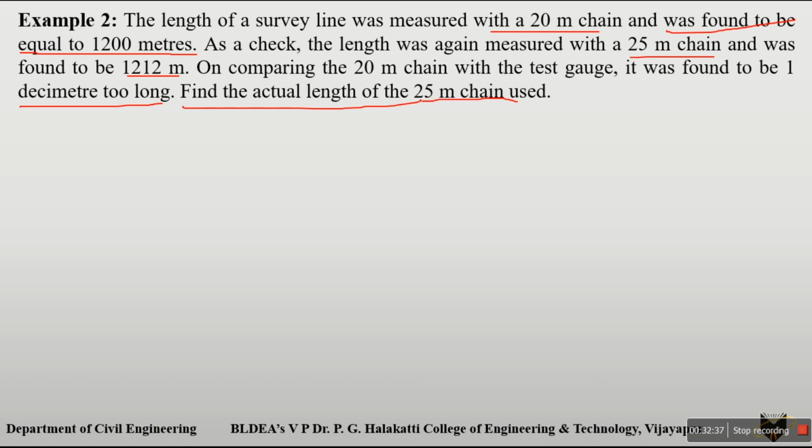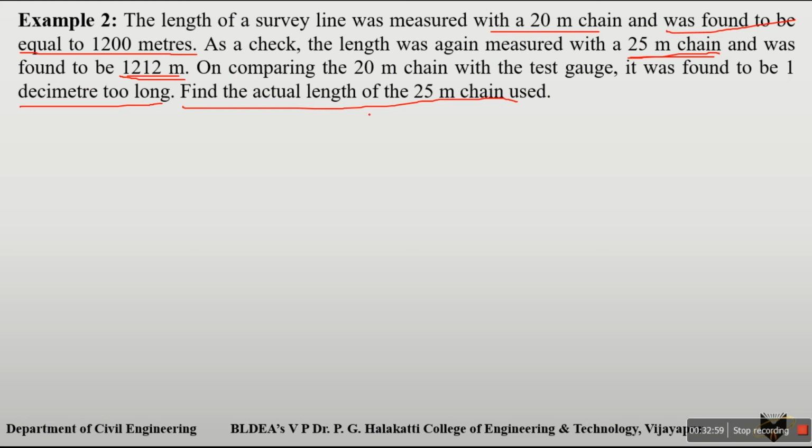Read the problem. What have they given? Initially, they measured the distance between the points using a 20-meter chain and found it to be 1200 meters. The same line is measured with a 25-meter chain, and the length of that line is found to be 1212 meters.